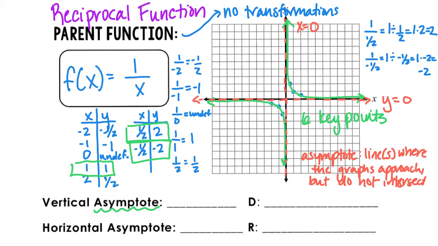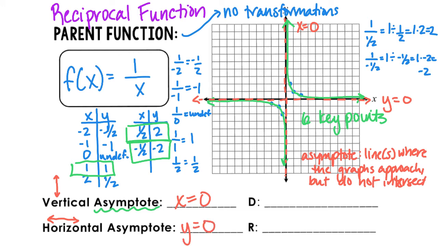And notice that neither part of my green graph, or my parent function, touches x equals 0 or y equals 0. So my vertical asymptote is going to go from left to right. No, it's going to go from top to bottom, up and down. So that's going to be my x equals 0. My horizontal asymptote is going to go from left to right, just like the horizon does. So that's going to be my y equals 0.